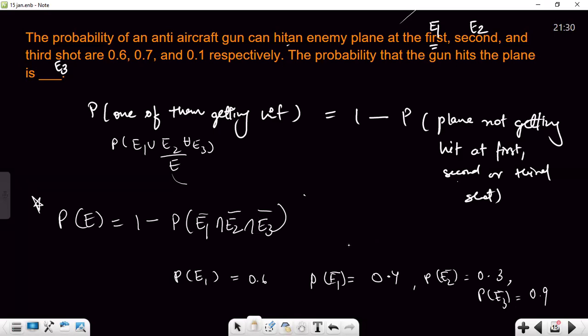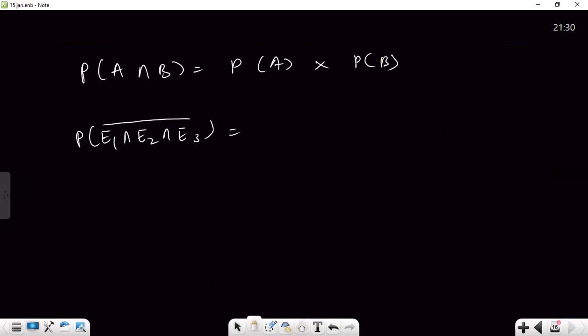So this can be written as the probability of E1 bar, probability of E2 bar, probability of E3 bar.